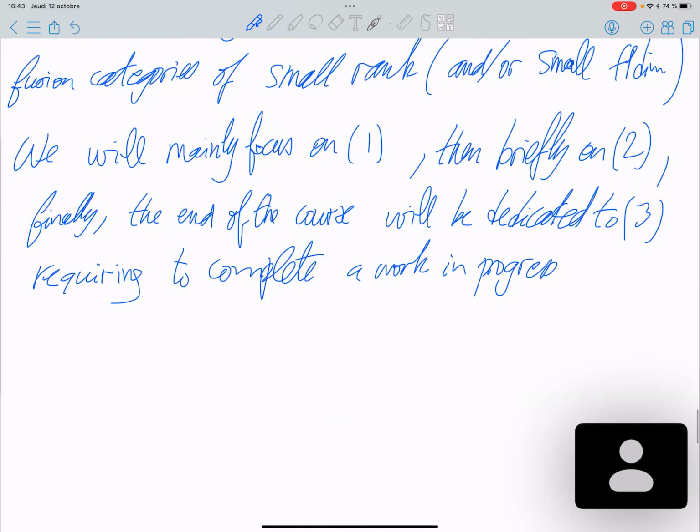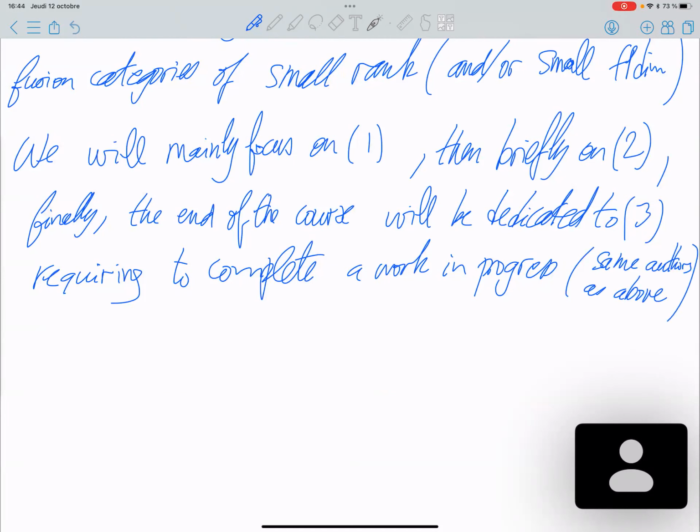This work in progress has the same author as the paper we consider. So Zhengwei, myself, and Yunxiang Ren, the same authors.